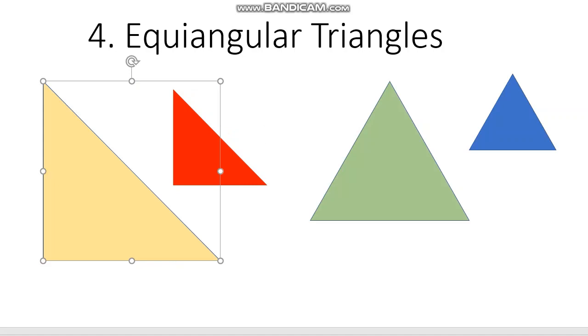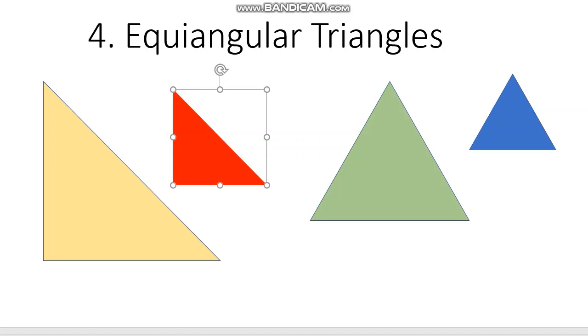See, both these triangles are right angle triangles, and all the three corresponding angles of this bigger triangle are the same as the smaller triangle. So the triangles whose corresponding angles are equal and whose corresponding sides are proportional are said to be similar triangles.